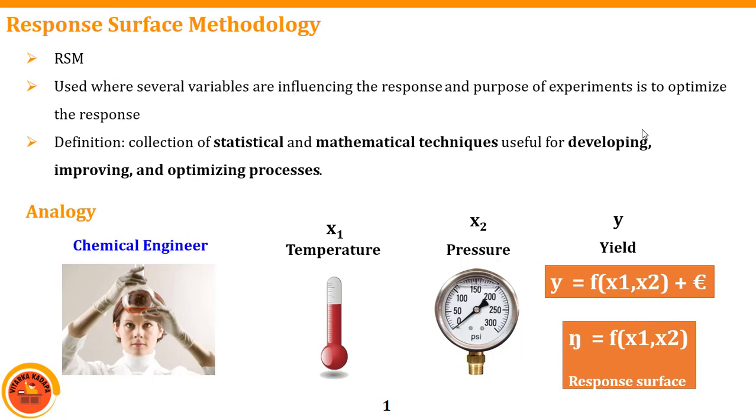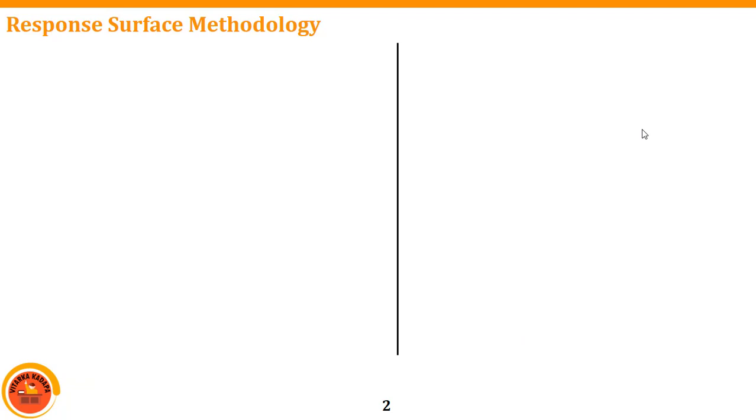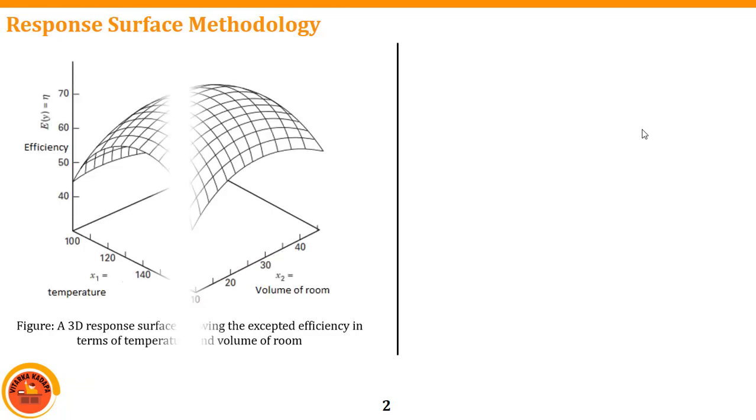If I talk about the response surface, it is nothing but a function of both the temperature and pressure. Next, how do we analyze this? If you see this particular graph, for example, I need to estimate the efficiency of a particular room.